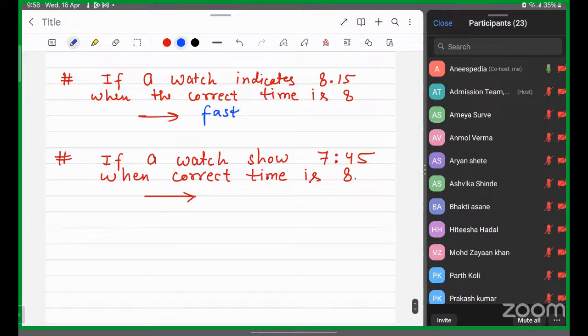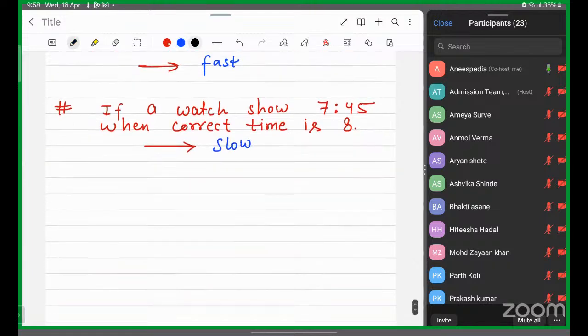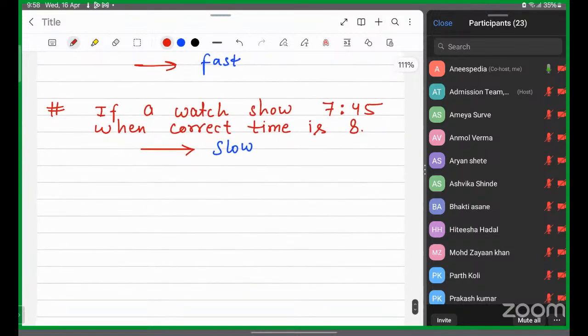Correct time is 8, but the watch is showing 7:45. It means the watch is slow. Understood or any doubt in it?